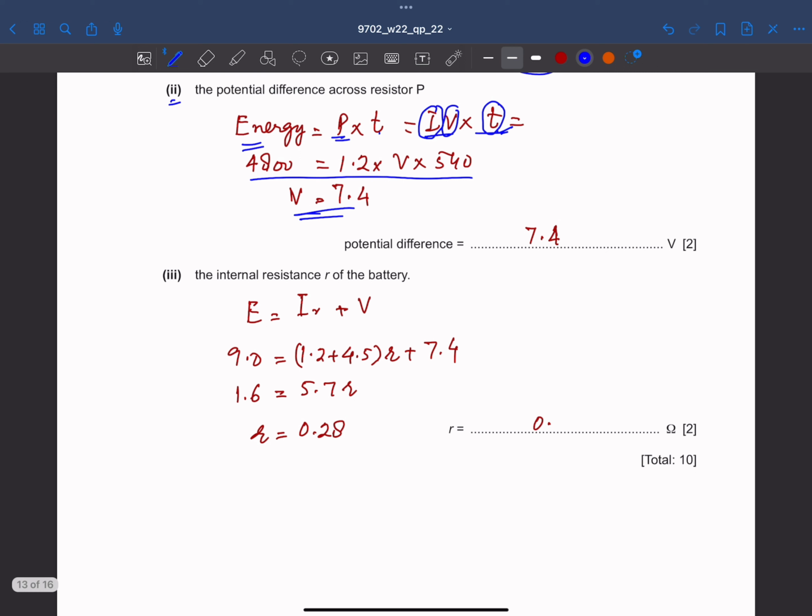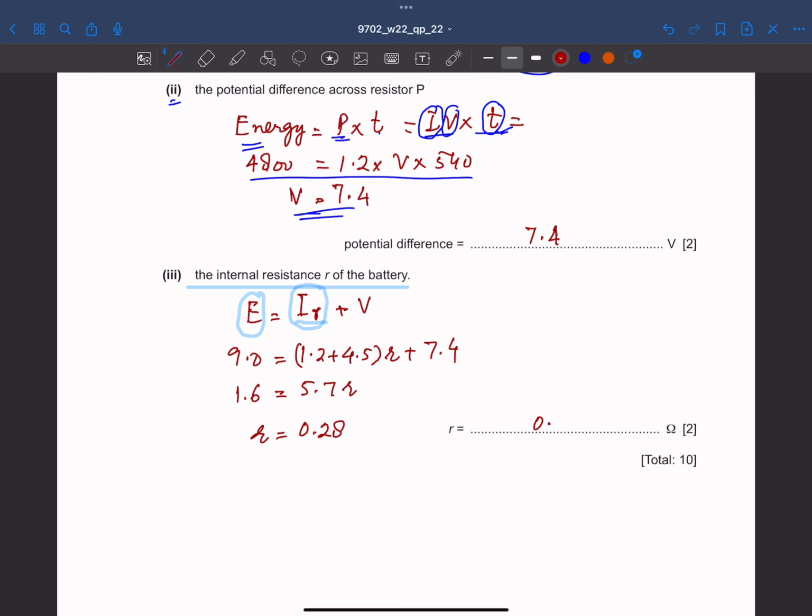Then what they are asking, the internal resistance R of the battery. So for internal resistance of the battery, electromotive force, and the potential difference across any resistance, you have the simple formula: electromotive force is equal to IR, this is basically the potential loss in the internal resistance, plus the potential difference.